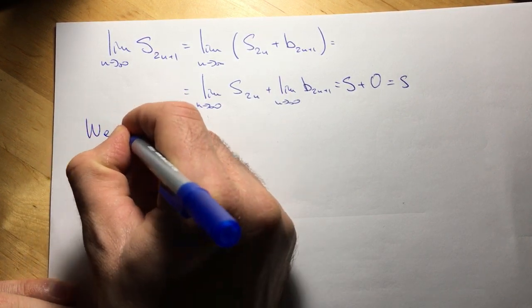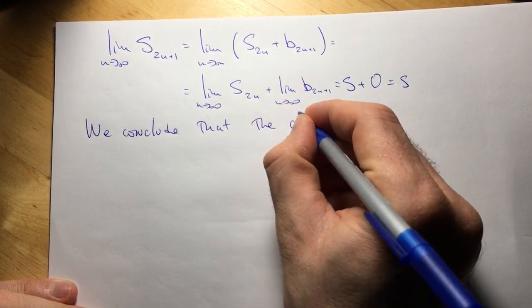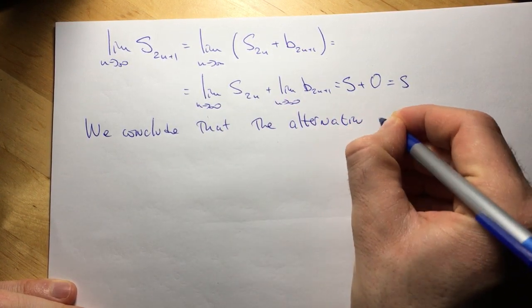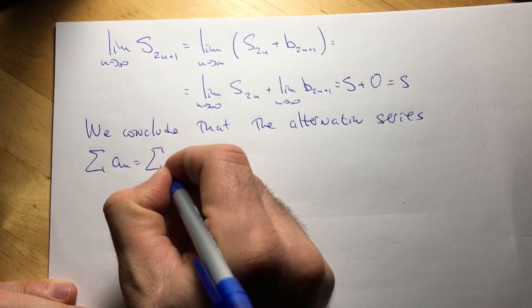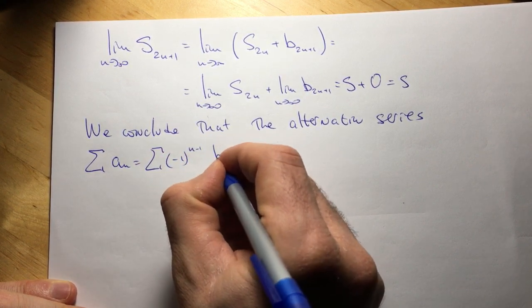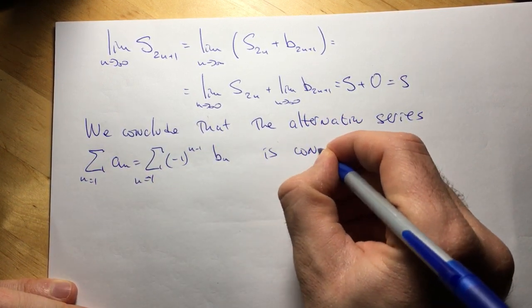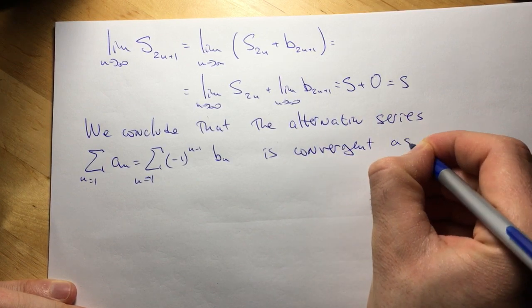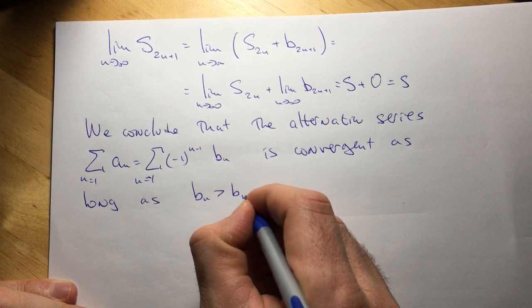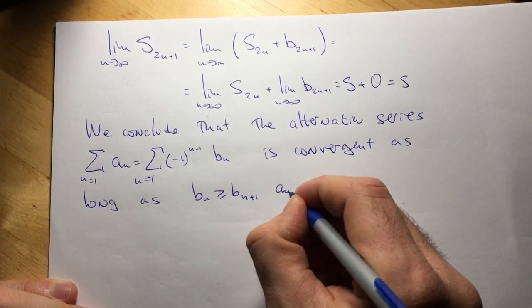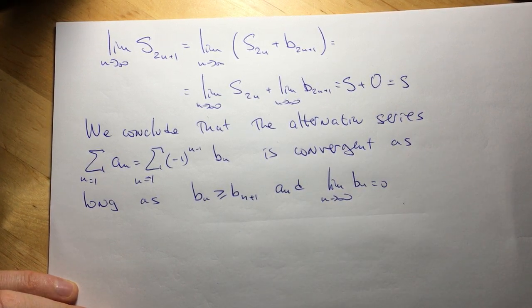So we conclude that the alternating series, the sum of an, which can be written as negative 1 to the power n minus 1 times bn as n starts with 1, is convergent as long as bn is decreasing and the limit of bn as n goes to infinity is equal to 0.